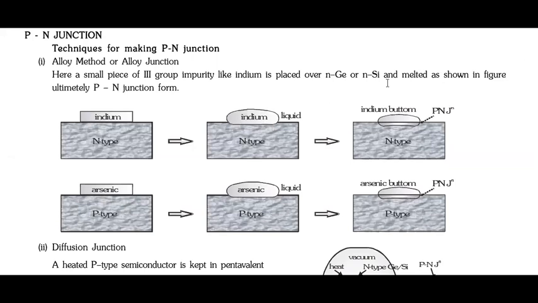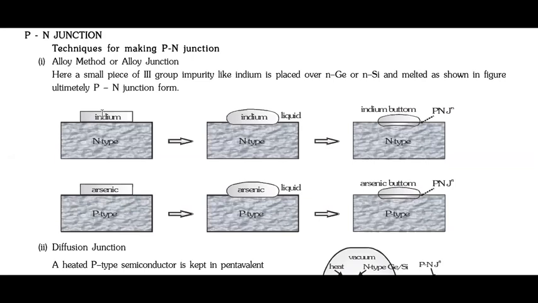That's why, if you see the diagram over here, I cannot say that this is a PN junction, because we just have two different types of semiconductors kept one above the other. Now, there are different kinds of PN junctions.